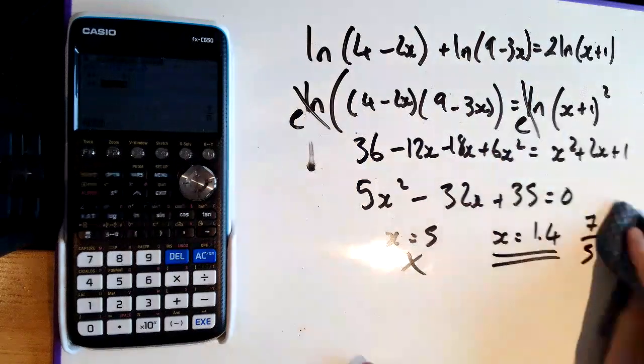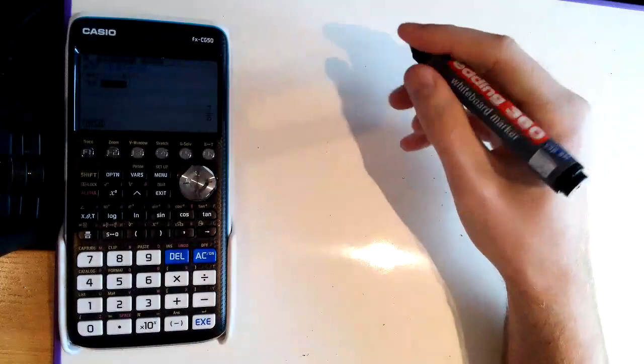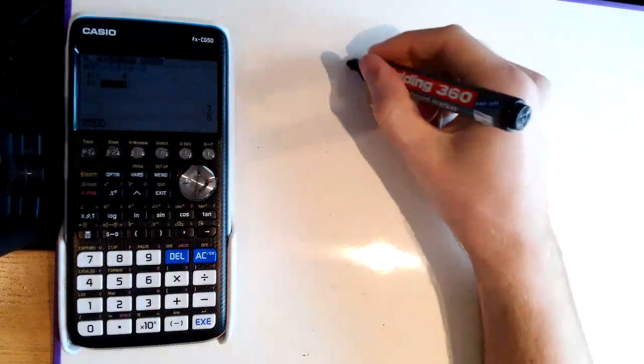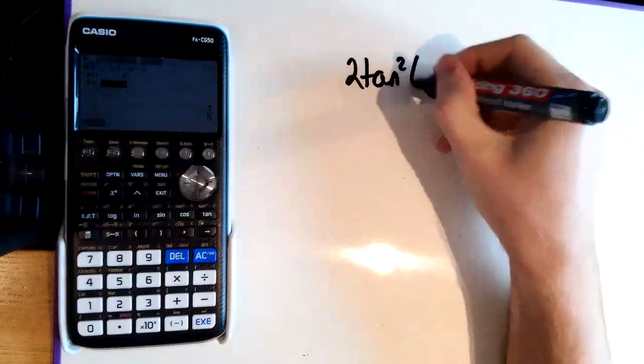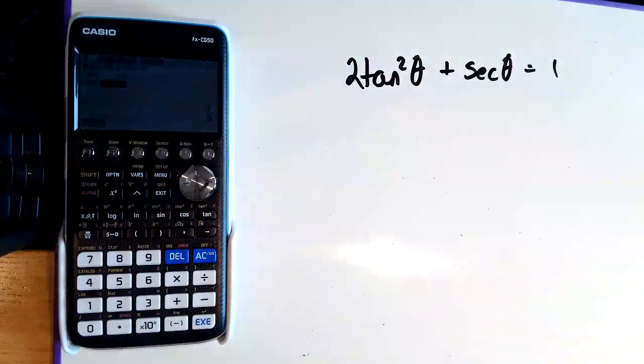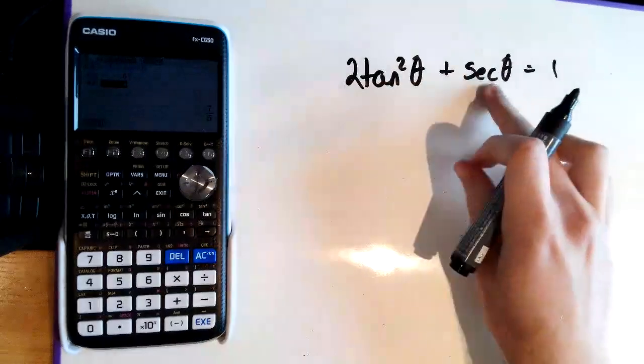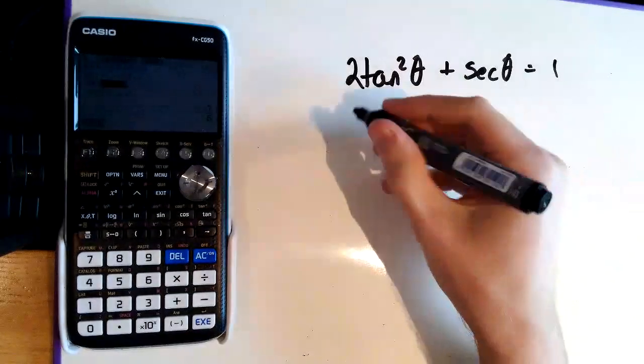And last one. Solving between 0 and 360, 2 tan squared theta plus sec theta equals 1. So I need to change that one, tan squared, into a sec. I can't change that one because there's no square.